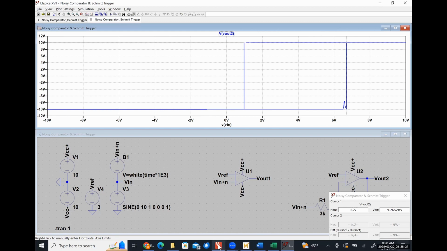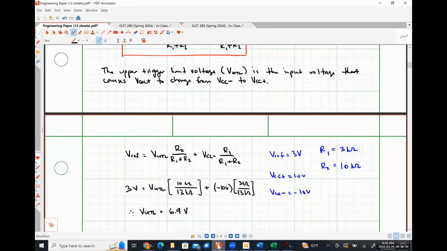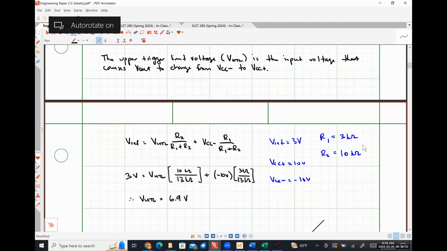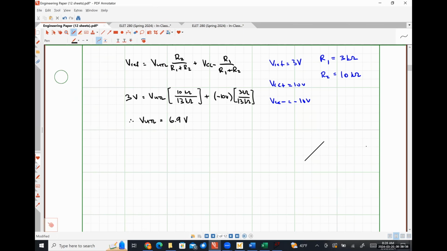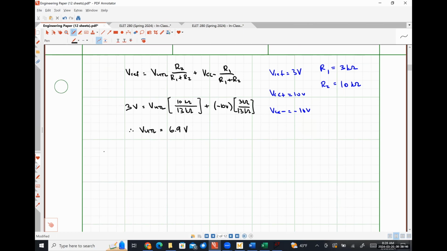Now let's look at the lower trigger limit. Our lower trigger limit voltage is defined, actually, let me sneak this in.